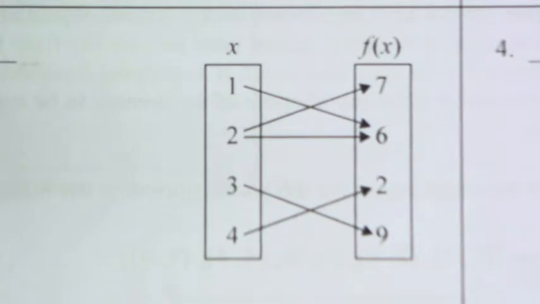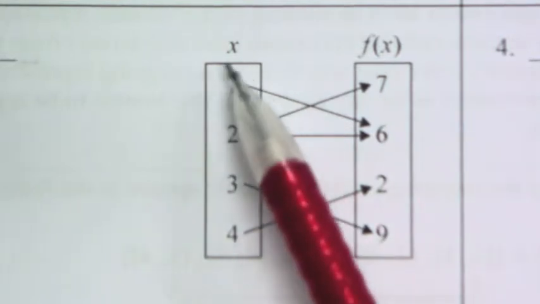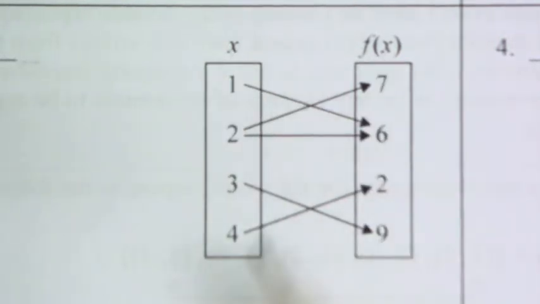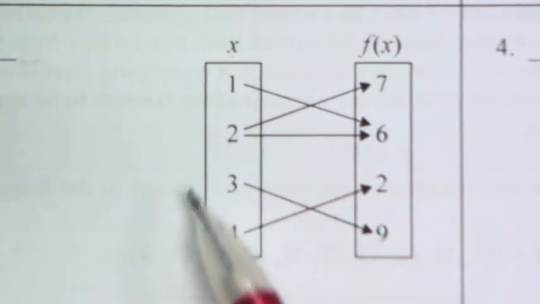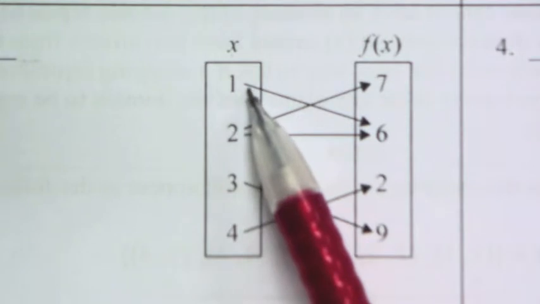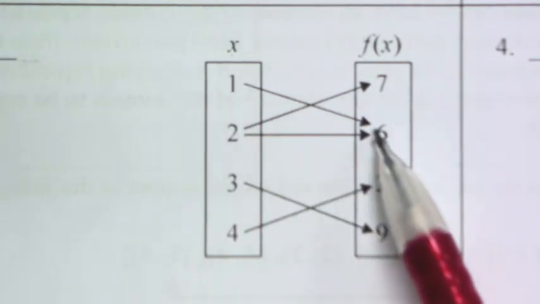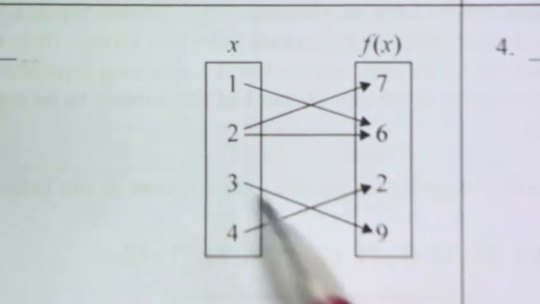Now looking at this one, let's determine if this is a mapping of a function. Here's the domain, here's the range. We are concerned with the domain. If I put in a 1, I should get a 6. If I put in a 3, I get a 9.